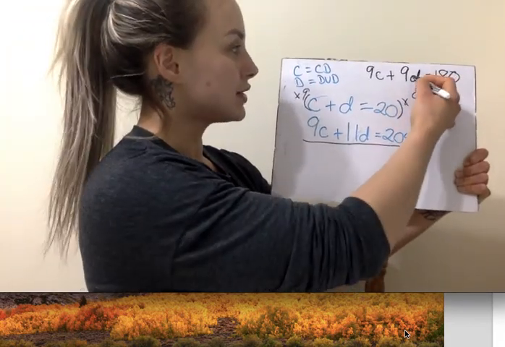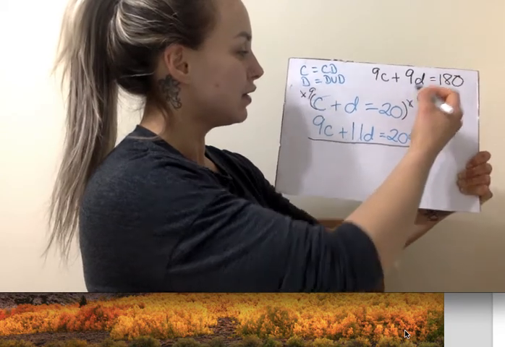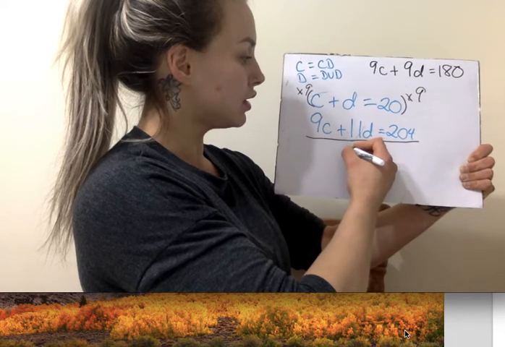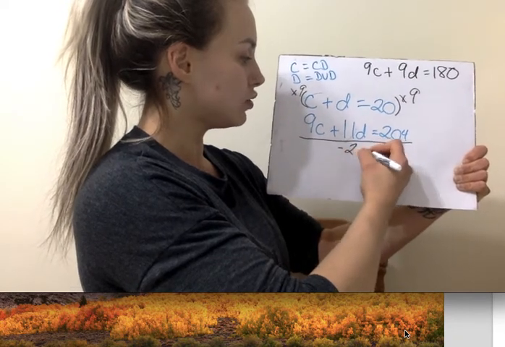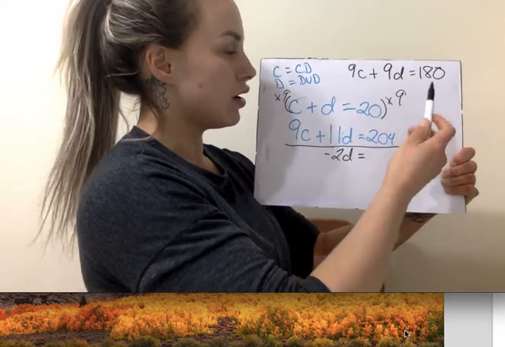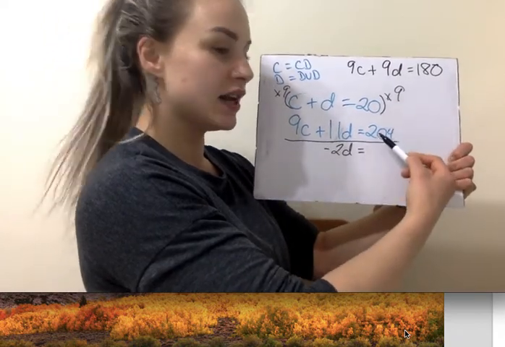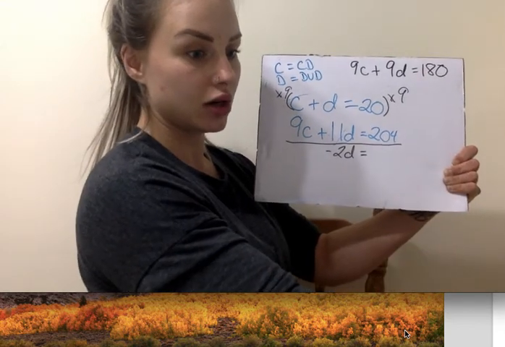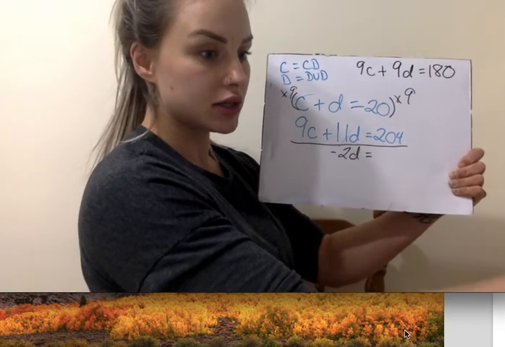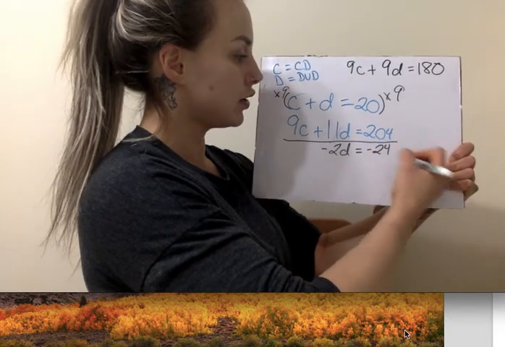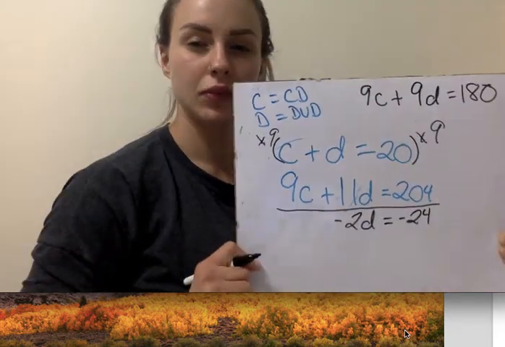We're going to minus 9D from 11D, and we get negative 2D. And then 180 minus 204, so I have to do that over here, we get negative 24. You see that so far?